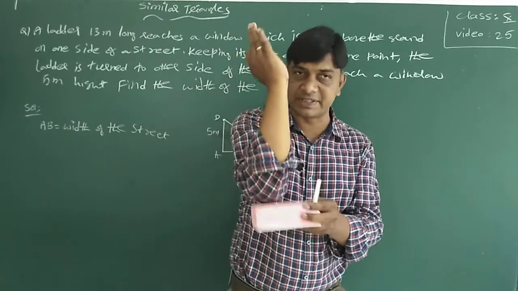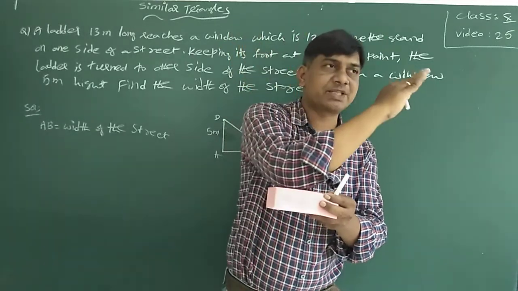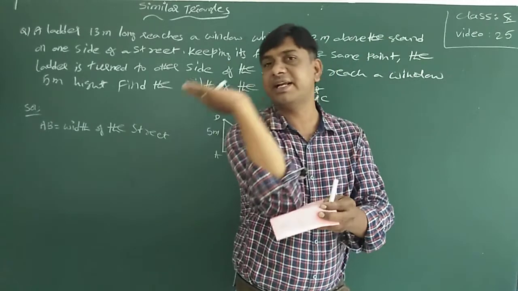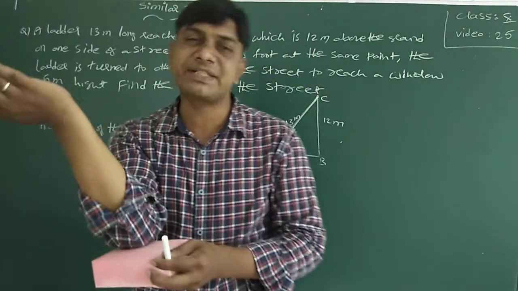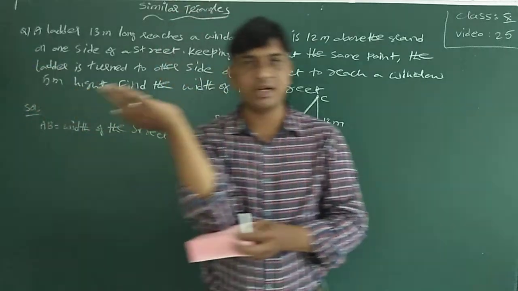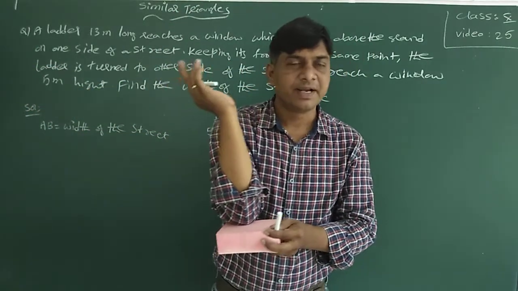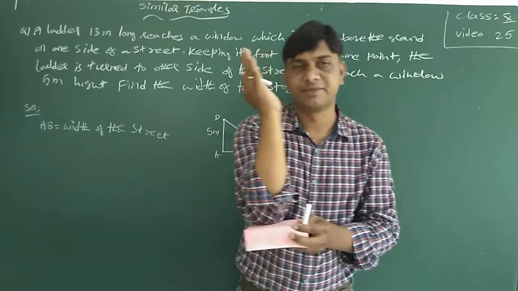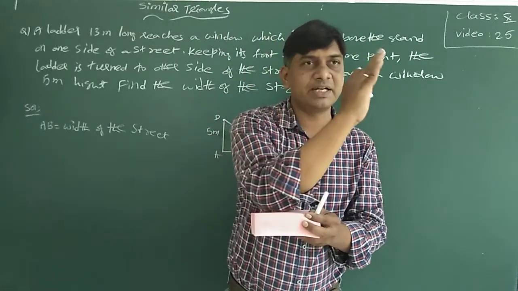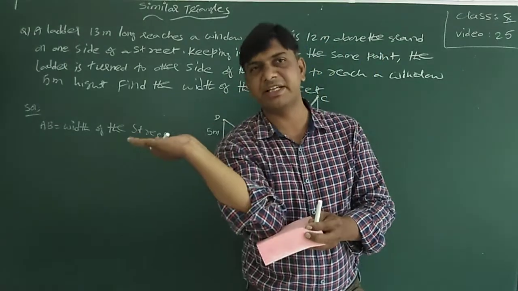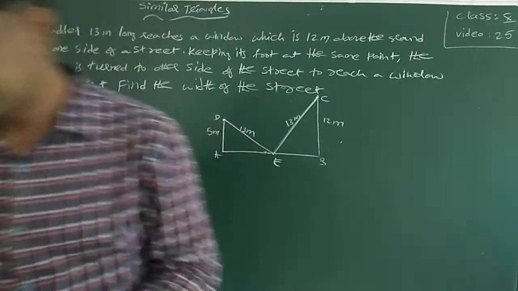The position of the ladder is fixed. This side it reaches 12 meters height and this side 5 meters height. The ladder length remains the same because neither the ladder length nor its position is changed anywhere. Okay.